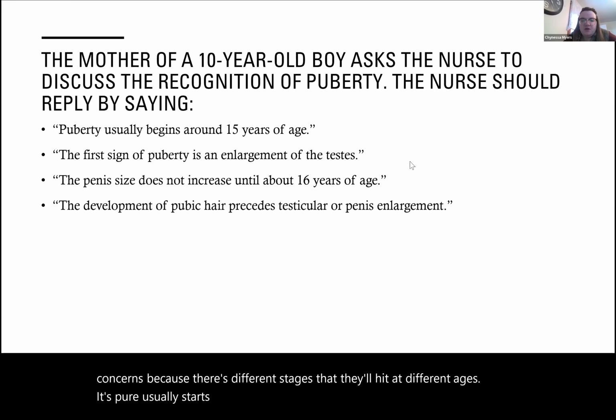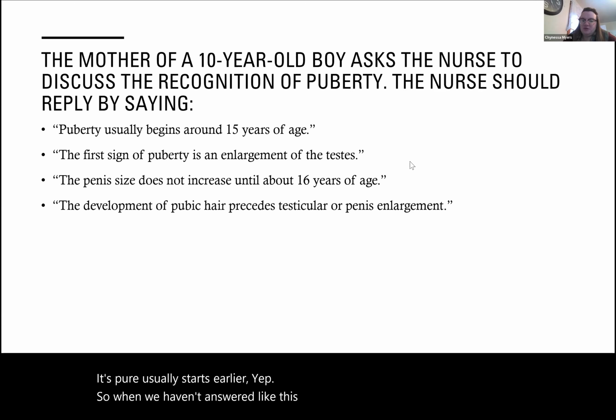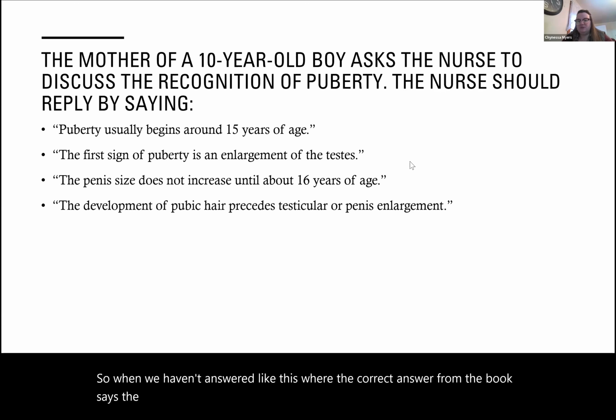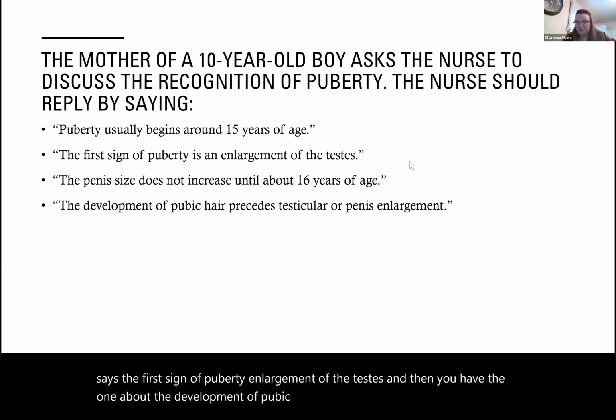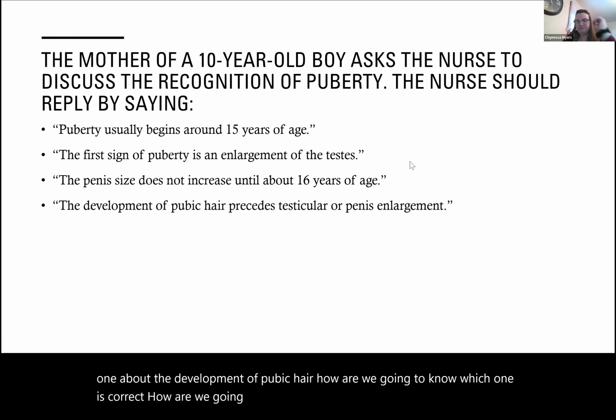Yep. So when we have an answer like this, where the correct answer from the book says the first sign of puberty is enlargement of the testes, and then you have the one about the development of pubic hair, how are we going to know which one's correct? How are we going to rationalize that out?